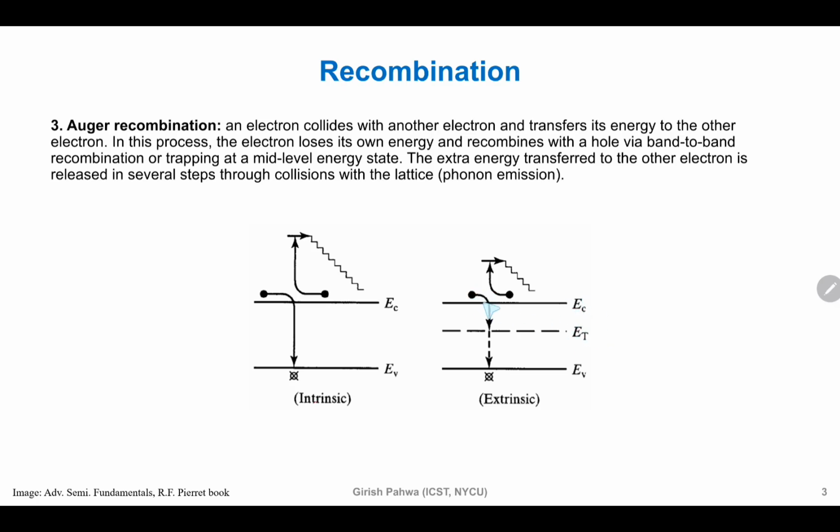So first this electron is going to move to this state. In this process, it will release this much amount of energy, right? That will get transferred to this electron. So you see, this is almost equal to this. And then this electron will jump to the valence band and recombine with the hole. So this is called extrinsic Auger recombination.